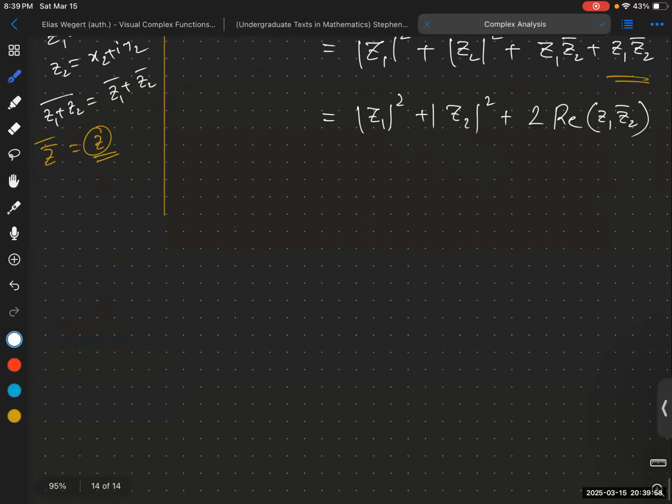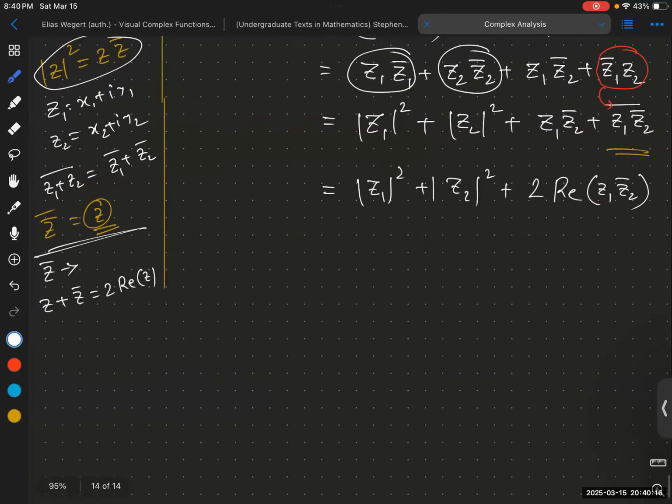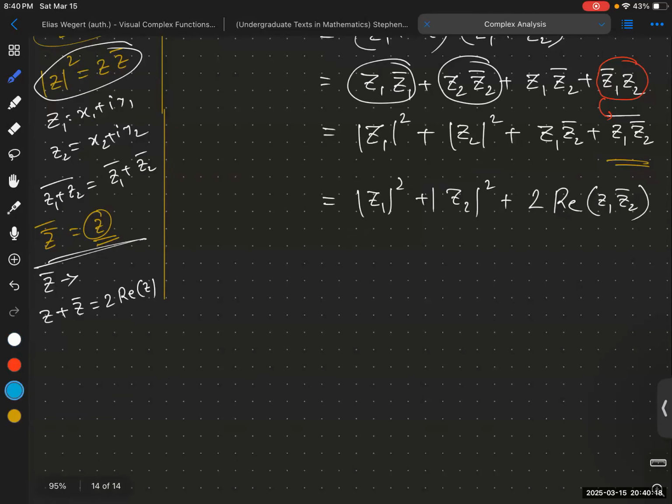Here we are also using a property of the conjugate of a complex number: if Z bar is the conjugate of a complex number, then Z plus Z bar cancels out the imaginary parts, so it will be 2 times the real part of Z. So hence our proof is completed.